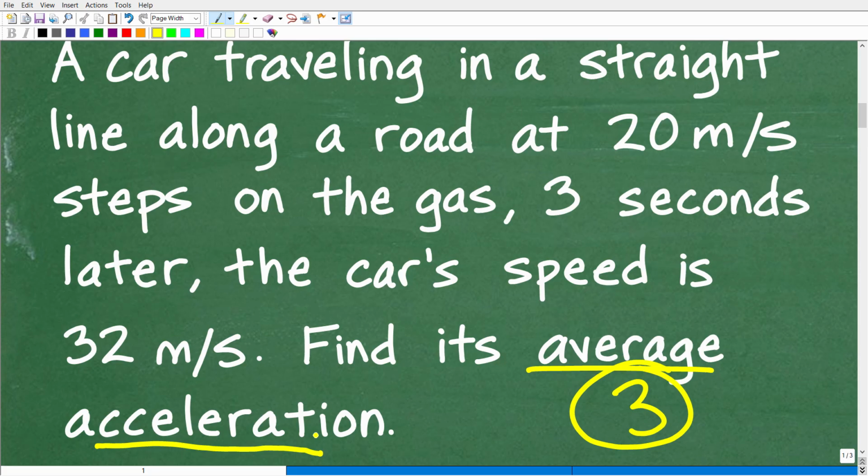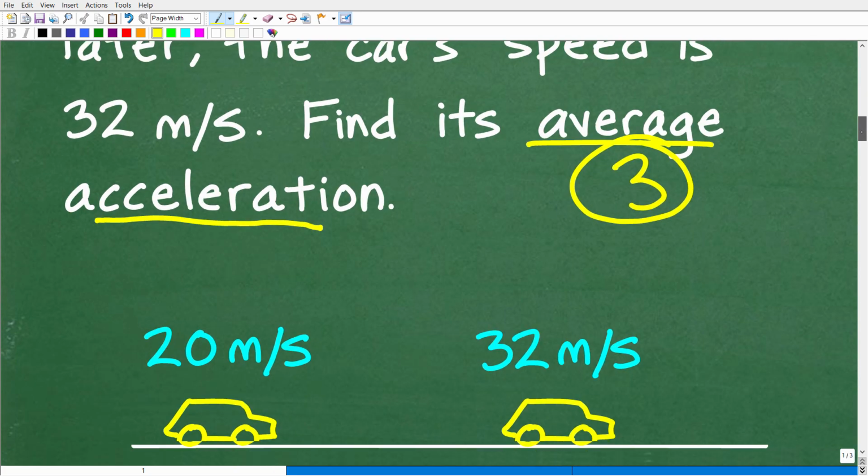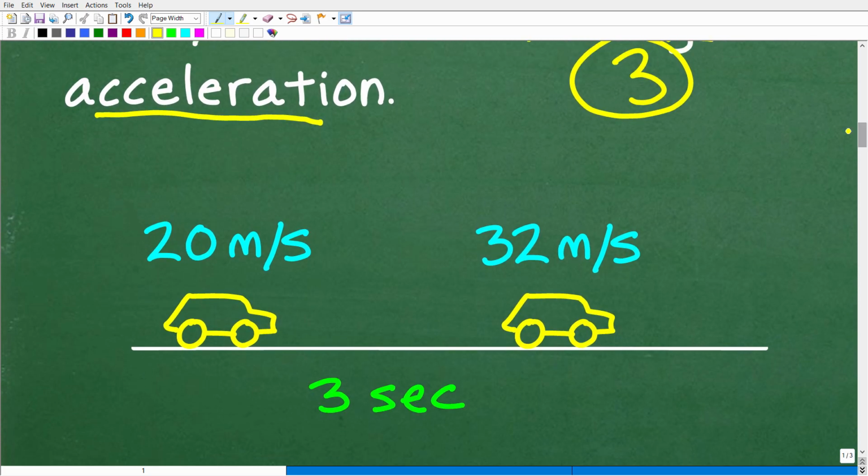But what we want to do is try to model the problem. If you can visualize the problem, it's always the best thing. So we can come up with a lovely, basic, simple sketch here. Matter of fact, let's take a look at it. So we have this car, and it's going 20 meters per second. Now this is the speed of the vehicle. Now you might be saying, "Hey, why don't we use miles per hour?"